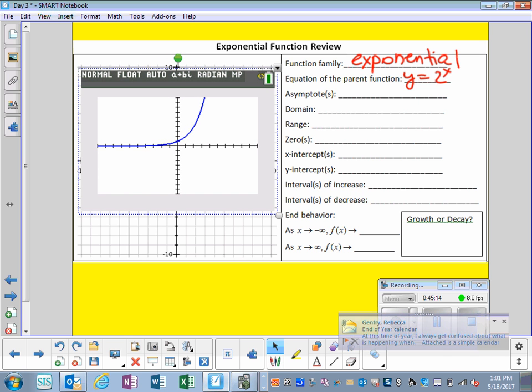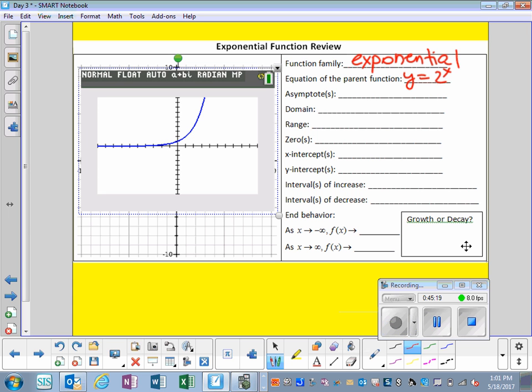So for this one, what do I see? First of all, do I have an asymptote? Horizontal or vertical asymptote? Yes, I do. Which one? Got it. Horizontal. And why do I know that I don't have vertical asymptote?